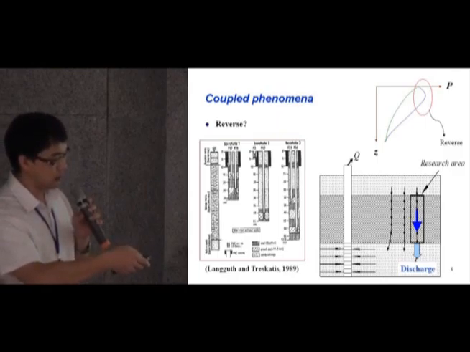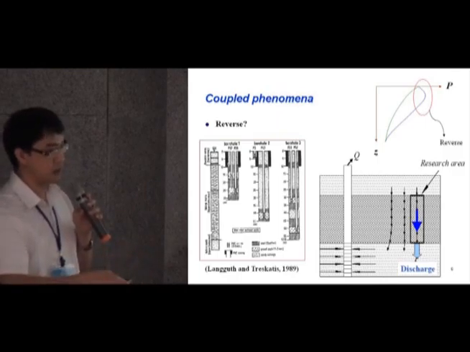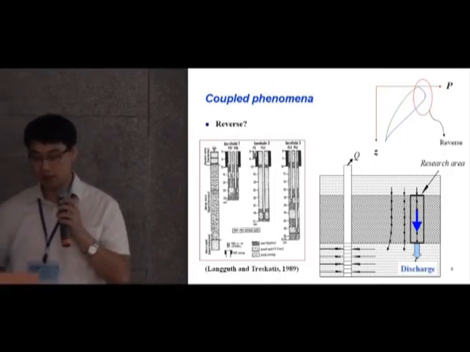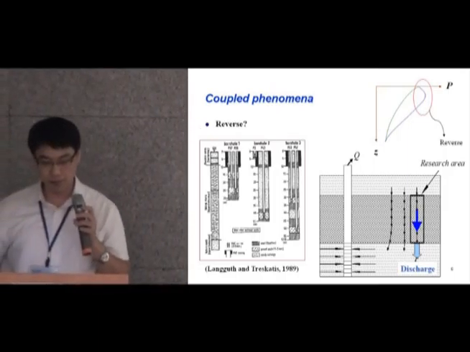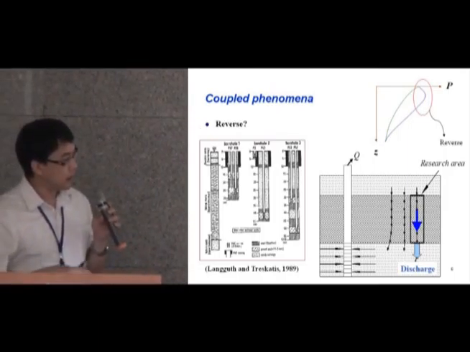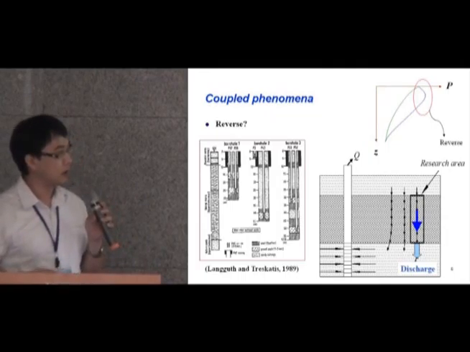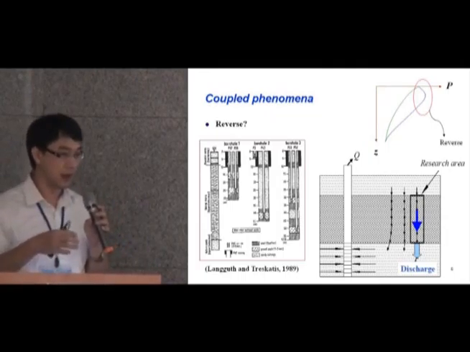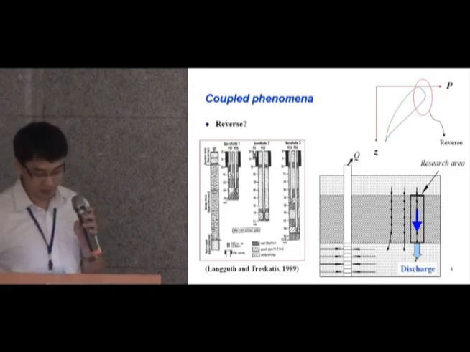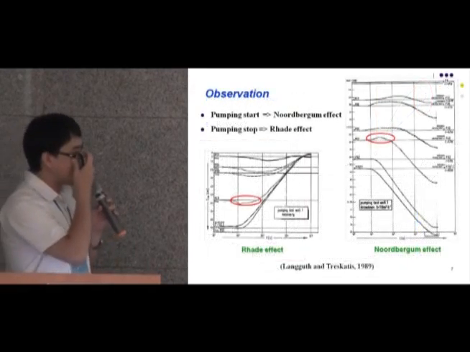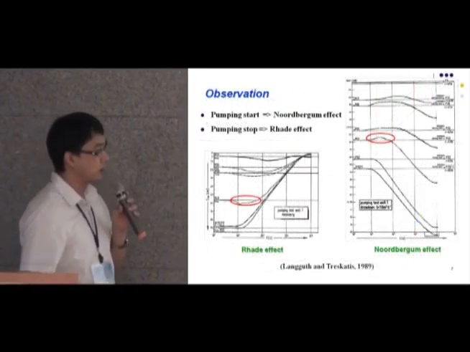So we call this the reverse behavior. And this reverse behavior can only be detected by the coupled system. And if we use an uncoupled system, we cannot see this behavior. And let's see some observation data here.